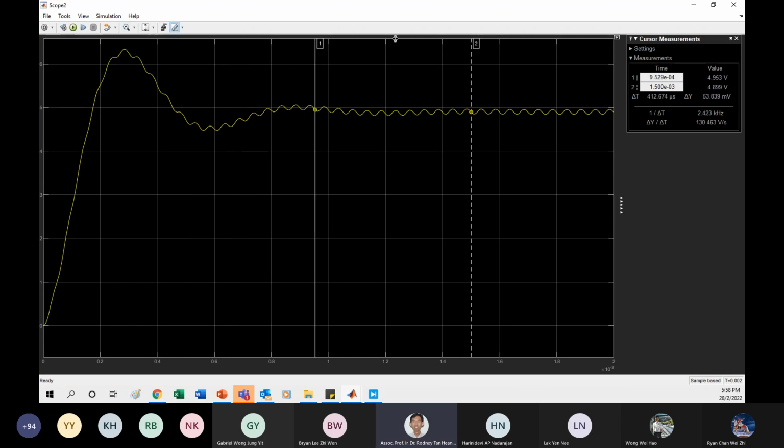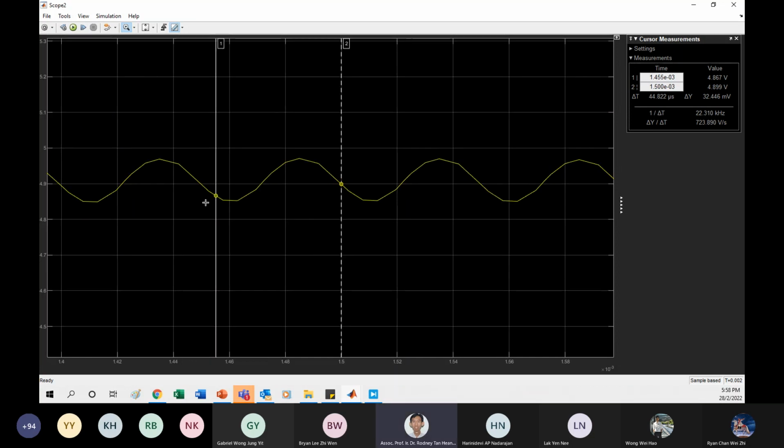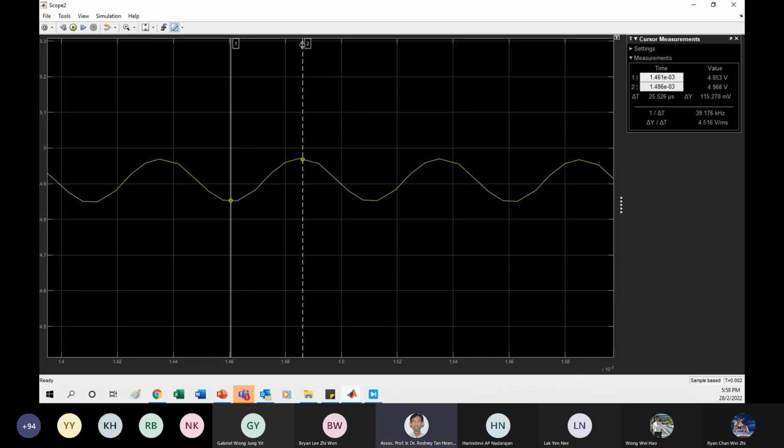Let's say you just move it to here, more steady state. Then you can just try to take the lowest and around the highest.